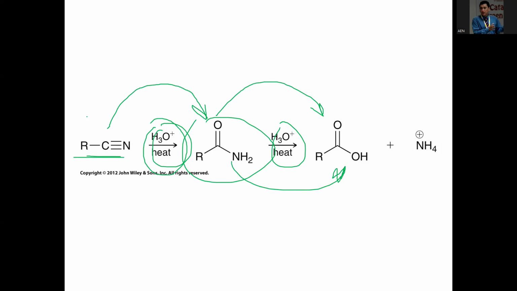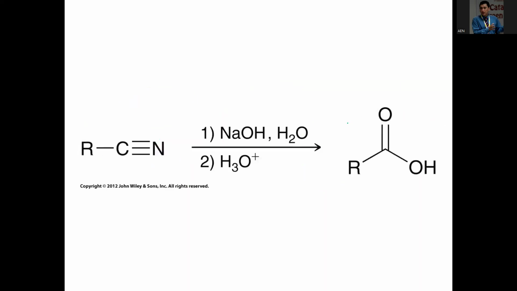Nitriles get hydrolyzed to amides, and then the amide gets hydrolyzed to carboxylic acid and ammonium ion. That hydrolysis can also occur in basic conditions, sodium hydroxide, followed by acid treatment. You will get your carboxylic acid. Of course, this carbon right here is this carbon right here. You are not adding or subtracting carbons in these reactions. All right.